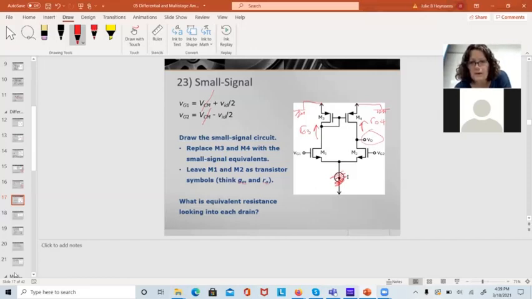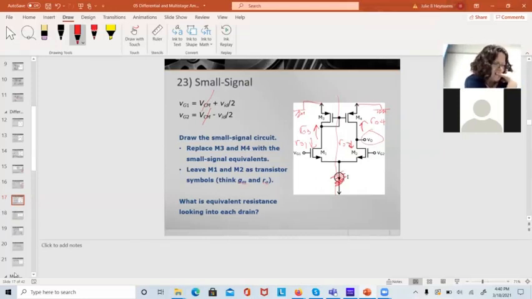Looking into the drain of this transistor, I see RO1 and RO2. I see RO2 because I'm going to do this as a half circuit and ignore the other transistor.